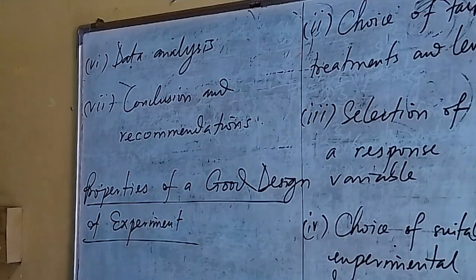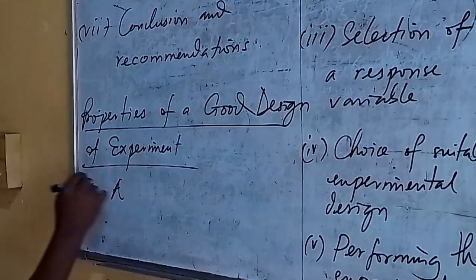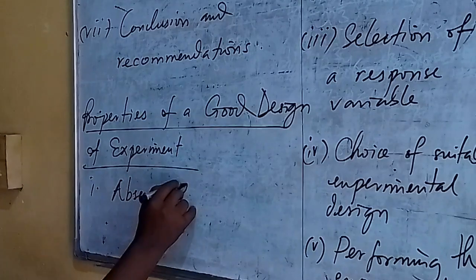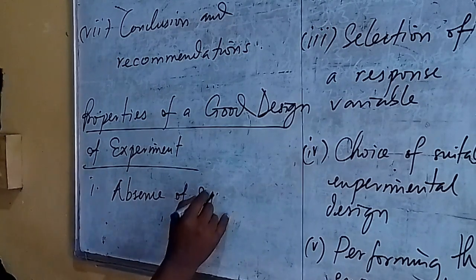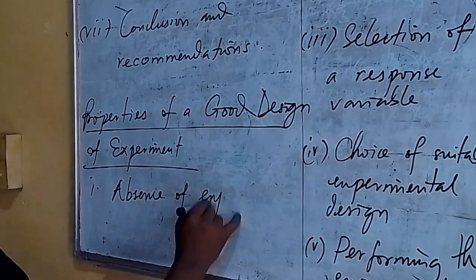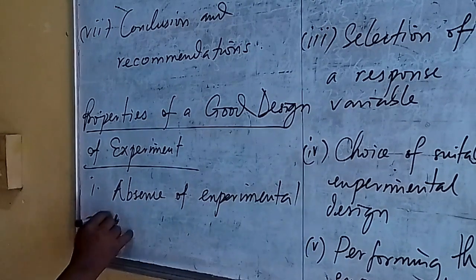Now, what are the properties of a well-planned design? Number 1, a well-planned design will have the absence of systematic errors or experimental errors in general. Experimental errors.